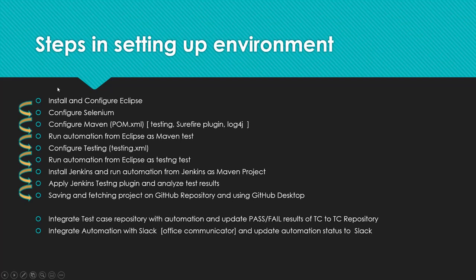But all other things, like running a Selenium Java TestNG project from Jenkins, and updating our code in the GitHub repository, and how all these tools work together, we'll see that. So let's see how it goes.